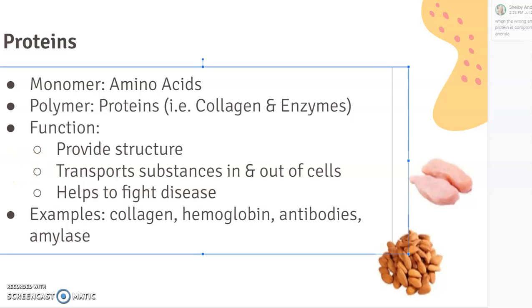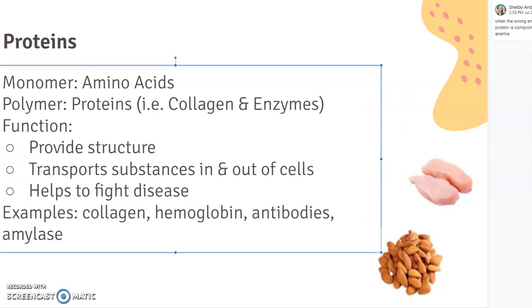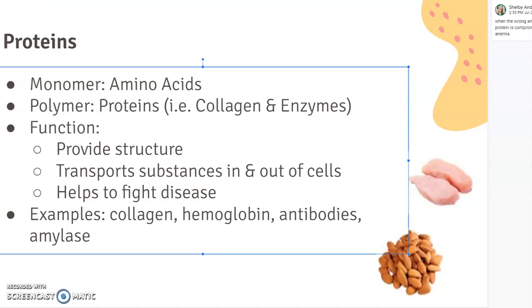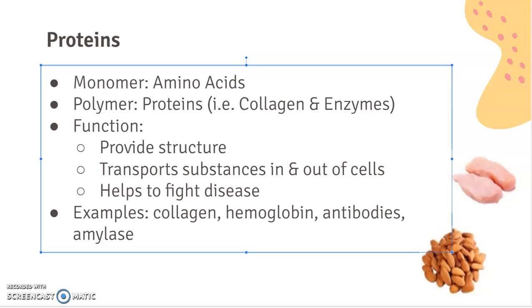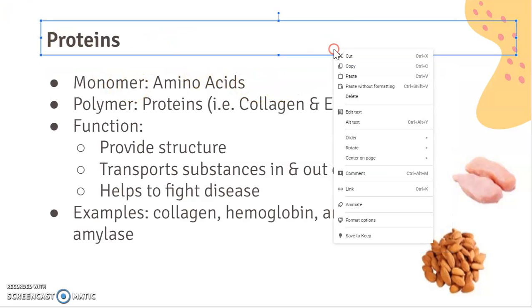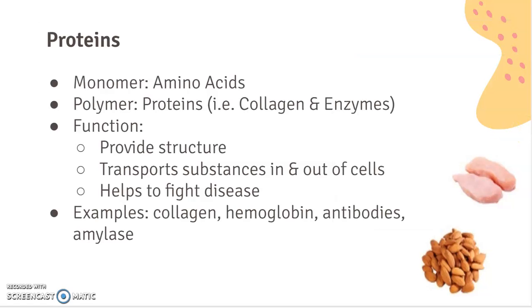Moving this over here so you can see it. Here we're still talking about proteins. The monomer of proteins is amino acids, so remember those little balls we had on there. The polymer is just the protein itself. We're not really taking another step up.